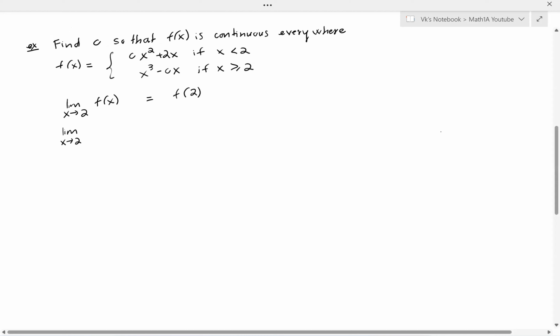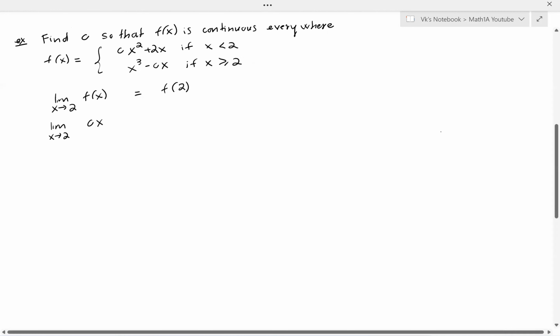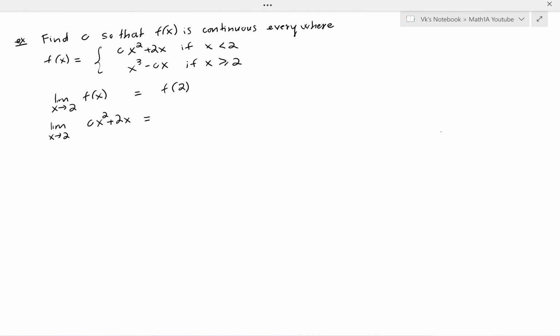So that is c x squared plus 2x. And we can do the direct substitution if x is exactly 2. So it's the second piece.